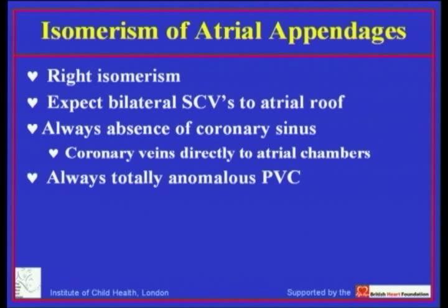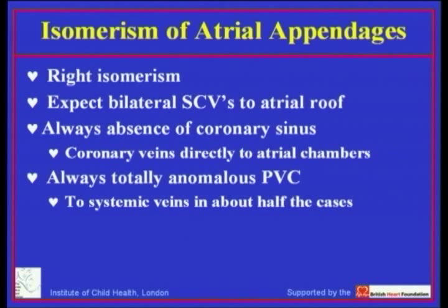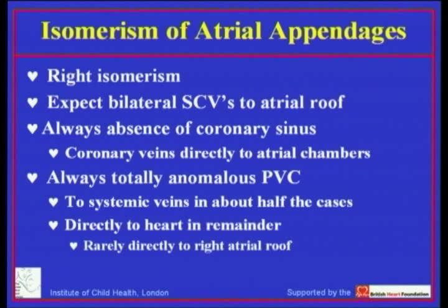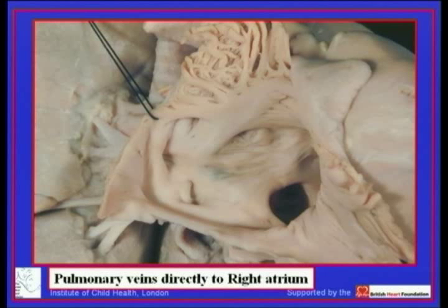And always there will be totally anomalous pulmonary venous connection, albeit that this anomalous connection is to the systemic venous tributaries in autopsy series in only about half of the cases. But when it does come back directly to the heart, usually it is to a midline confluence.